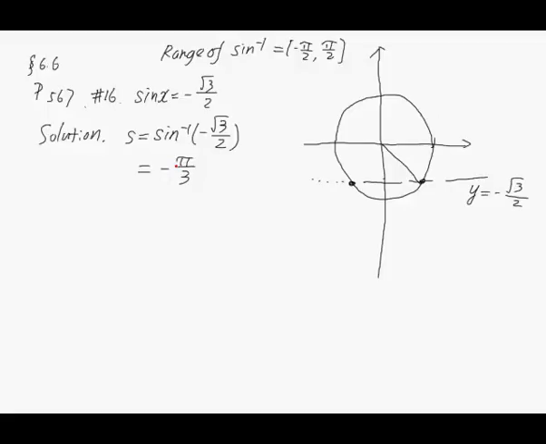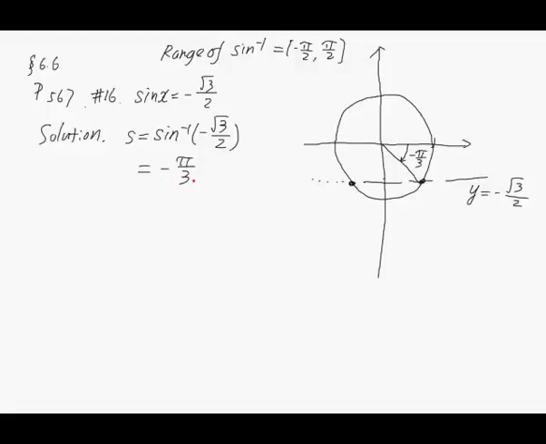So first we find this angle. This angle here is negative pi over 3. But we prefer the positive angle. So we need to find the smallest positive angle which is coterminal with this angle.